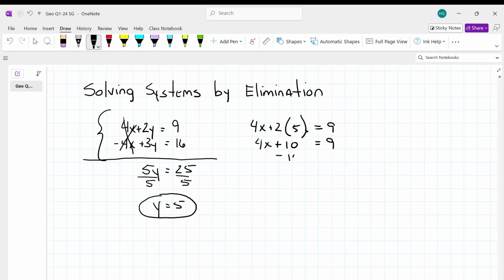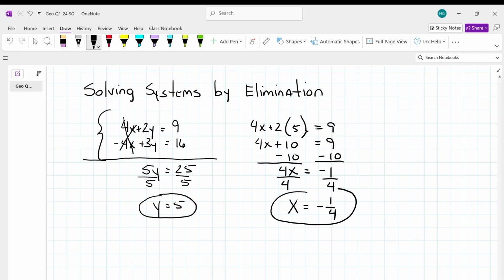If I subtract 10 from each side, I get 4x that's equal to negative 1, and then divide both sides by 4. So our x is equal to negative 1/4. So our solution for this system is negative 1/4, 5.